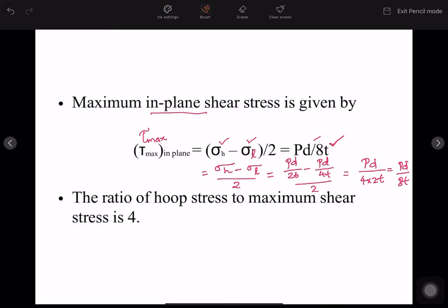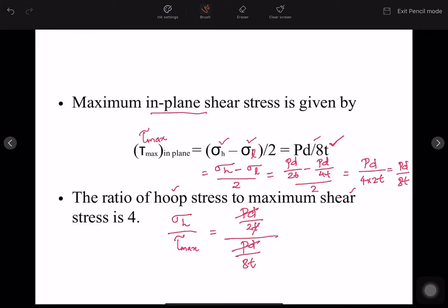In the same way, if we compare hoop stress and maximum shear stress, we can get a ratio. So sigma h by tau max equals PD by 2T divided by PD by 8T.